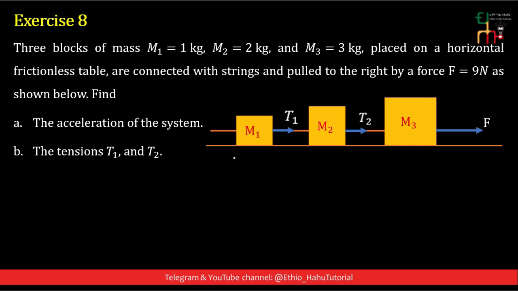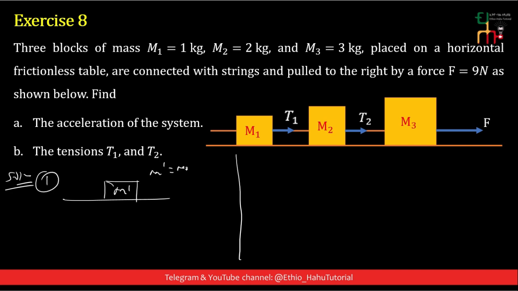To do this, in the first case, we assume the whole system as a unit, M prime, where M prime is equal to M1 plus M2 plus M3. The force F is directly applied on this.